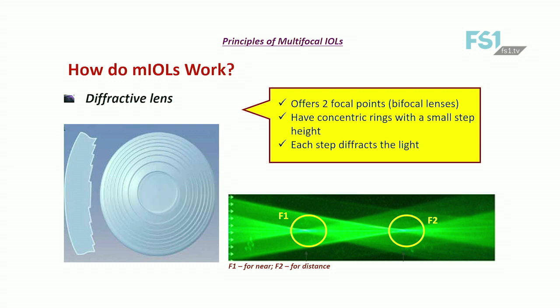As you can see here in the left photo, there are concentric rings on the surface of the lens, and each ring has a step from one ring to another, and there is also the height of this step. In these diffractive lenses, the step height is equal from ring to ring.